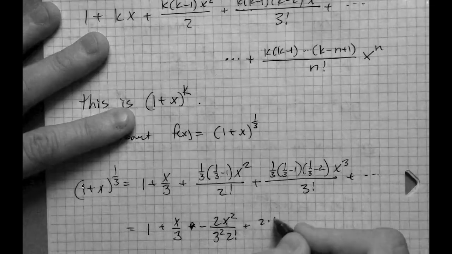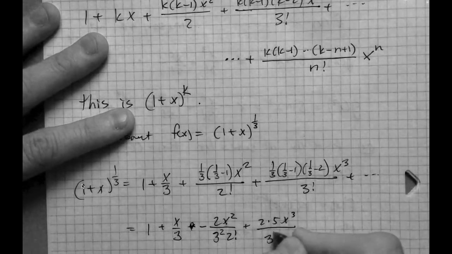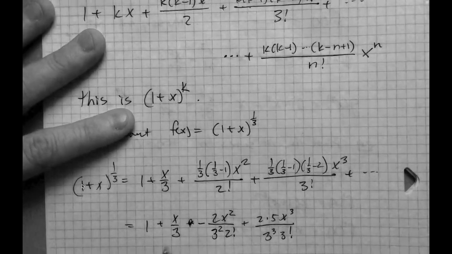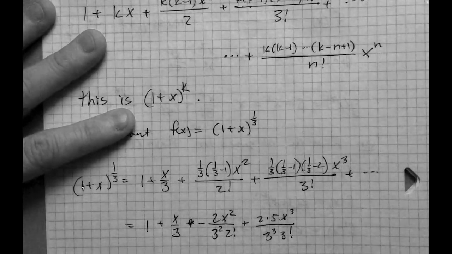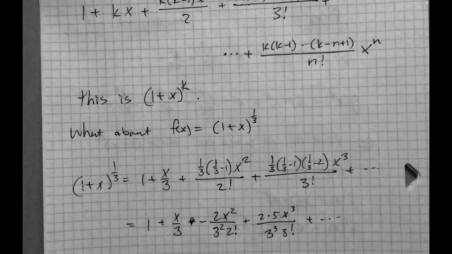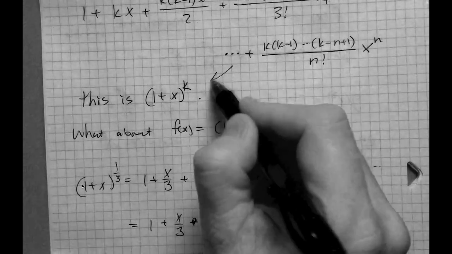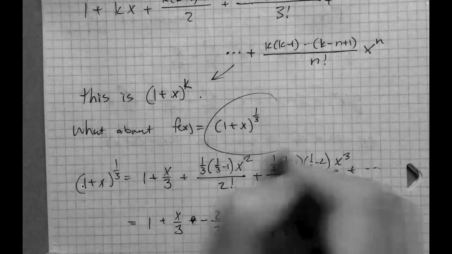I think you get 2 times 5x cubed over 3 cubed times 3 factorial. So you can begin to see the pattern here. Plus dot dot dot. You could sort this out. But that would be an example of using this general formula for a specific k.